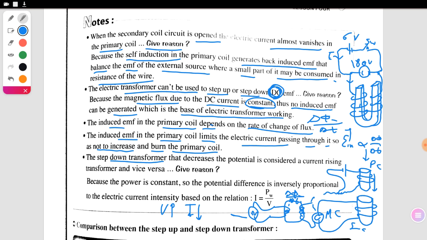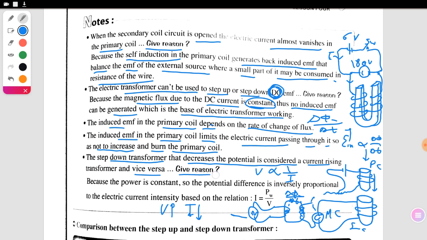A step-down transformer decreases the potential difference in the circuit, and the vice versa takes place for current, because V is inversely proportional to current intensity in case of alternating current. But V is directly proportional to the current intensity at constant temperature according to Ohm's law in case of direct current.